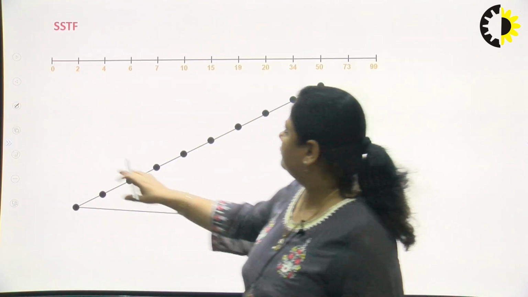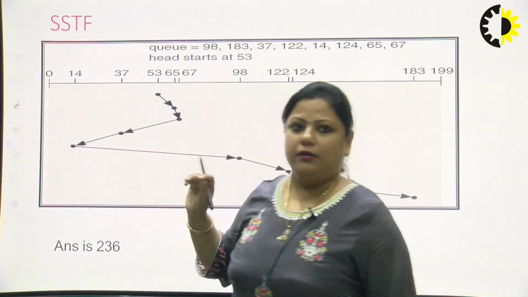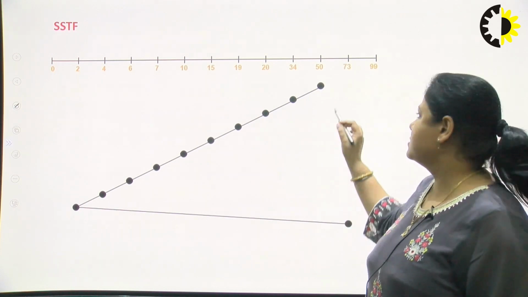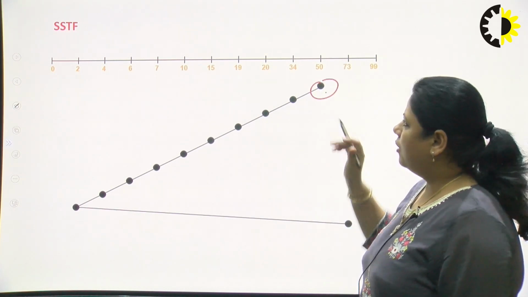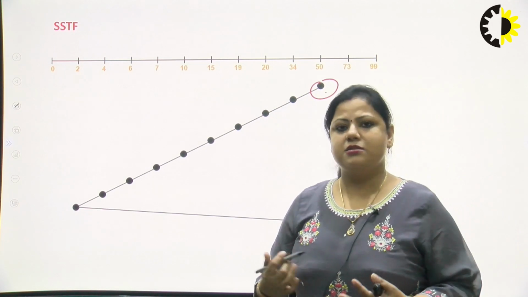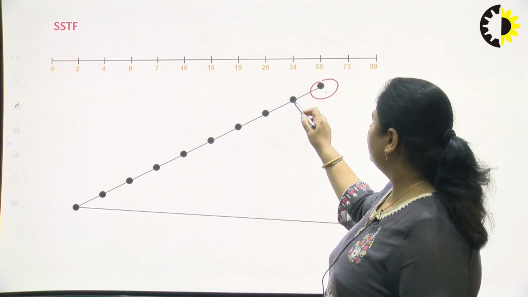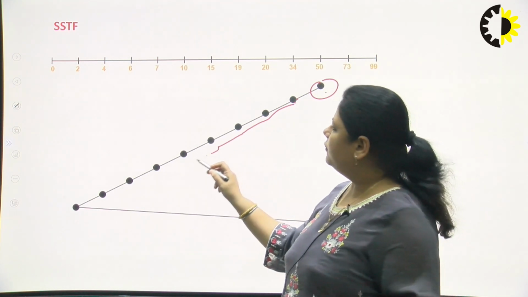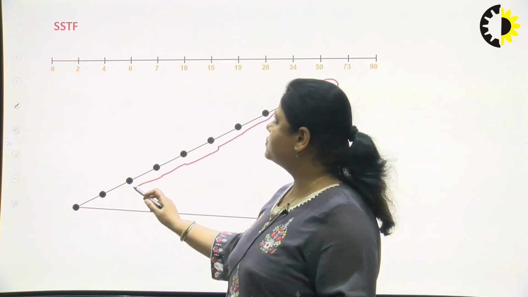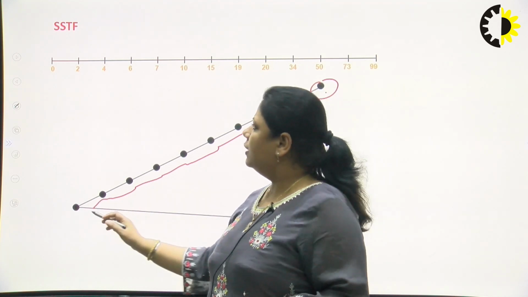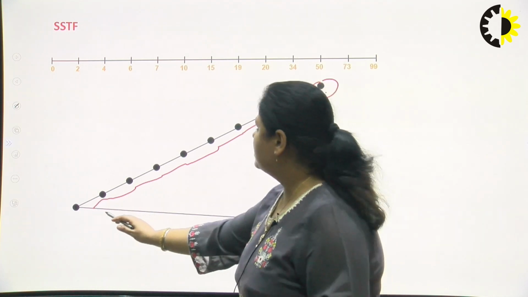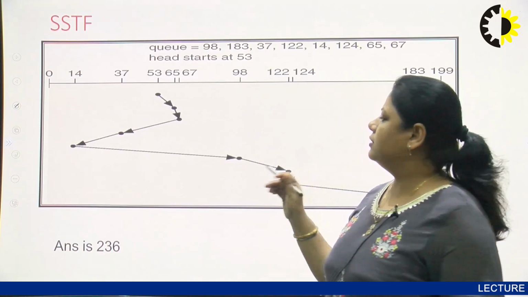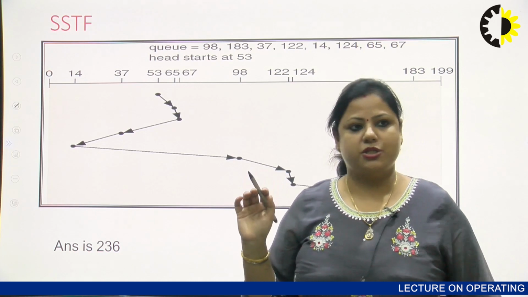Suppose the head is at position 50. What is the shortest distance from 50? It is 34, then 34 to 20, 20 to 19, 19 to 15, 15 to 10, 10 to 7, 7 to 6, 6 to 4, 4 to 2, and after that 2 to 73. The head starts at 53 in the arrow representation of this scheduling algorithm.